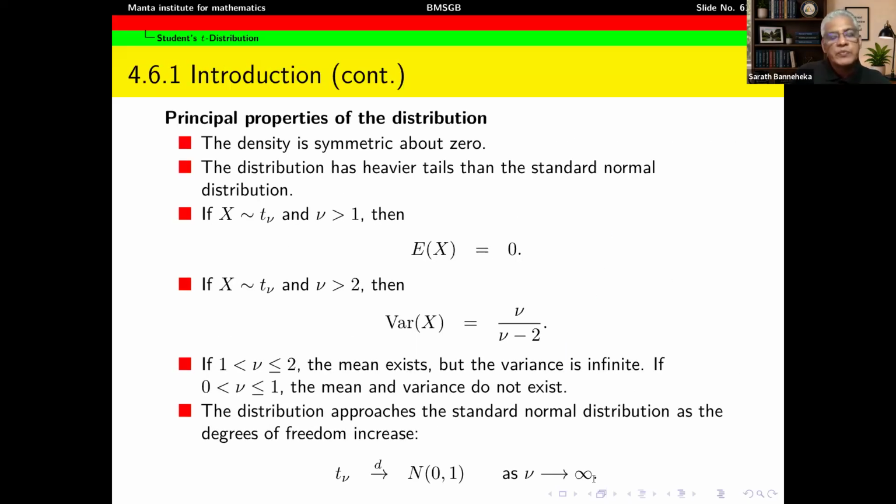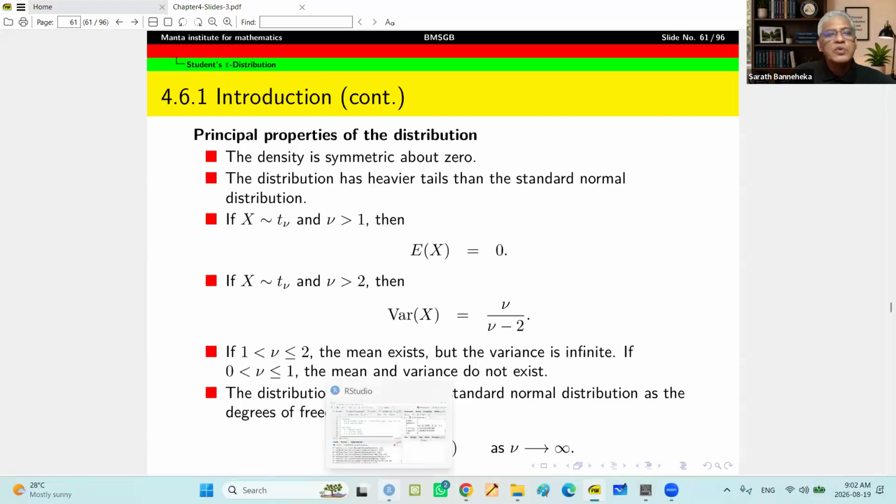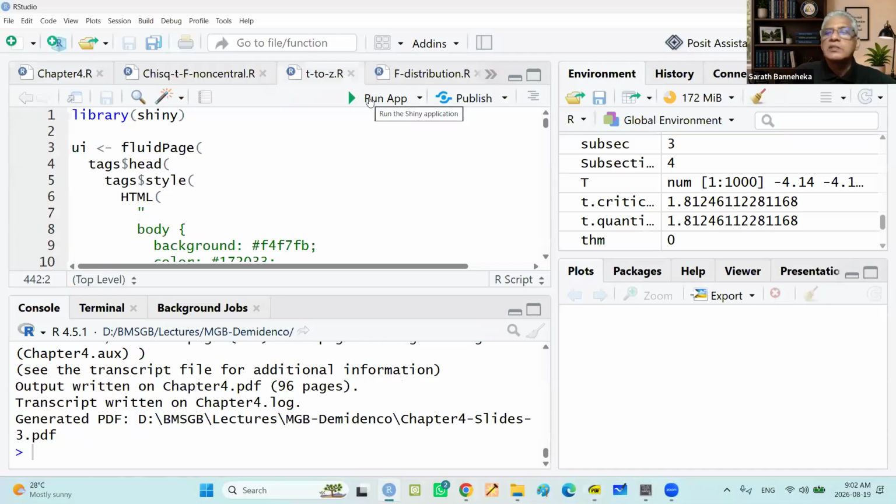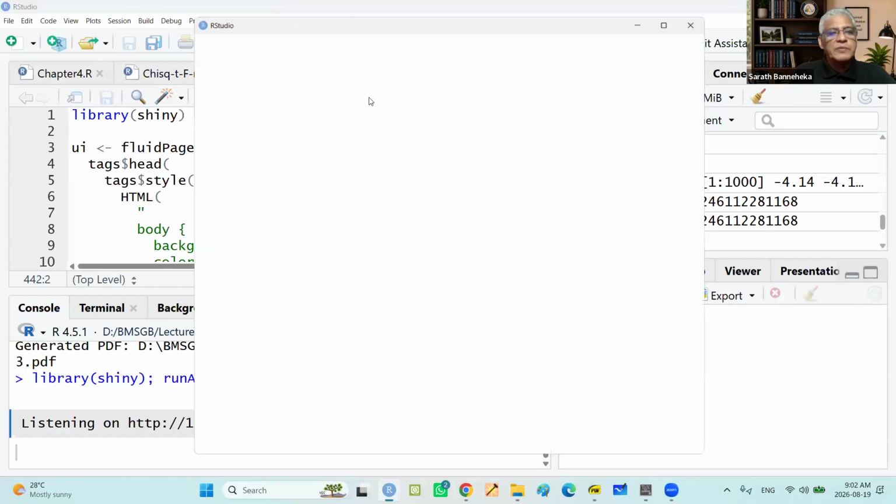Now we will look at this property. I have a Shiny app, so let me use that to show you that the distribution of a T nu distribution converges to a standard normal as the degrees of freedom is increased.